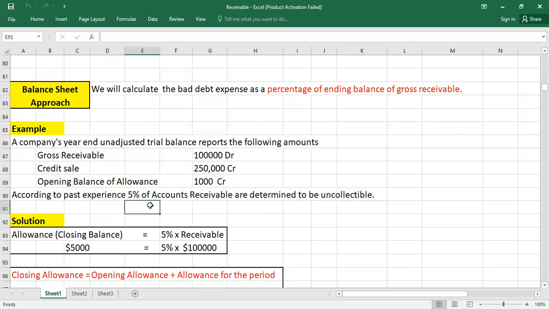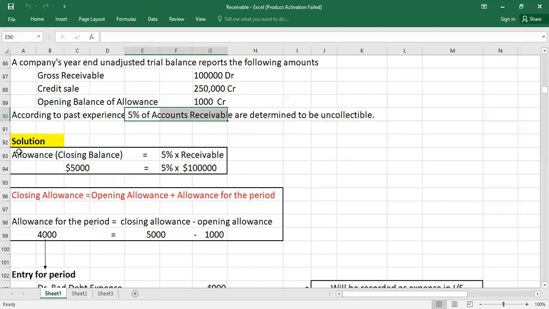Here you can notice it is 5% of accounts receivable, so it means it's a balance sheet approach. Now how will you solve it? The very first thing we need to do is calculate the allowance. But it will not give you the allowance for the period.